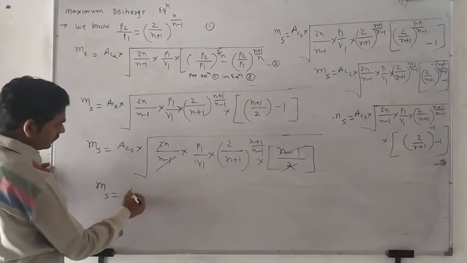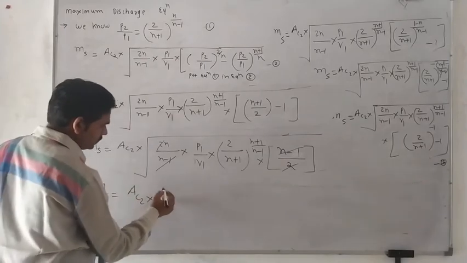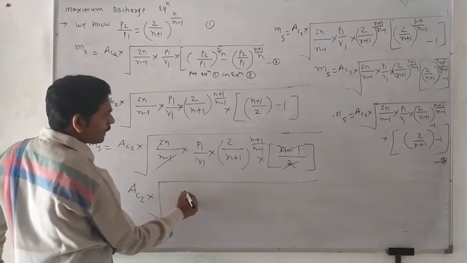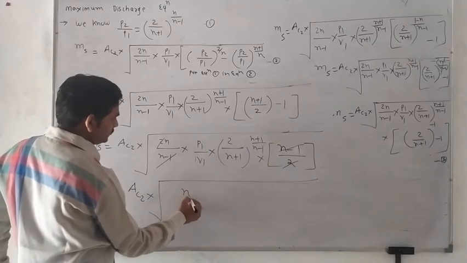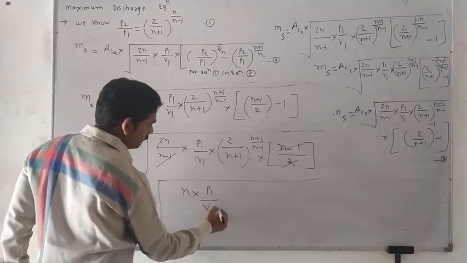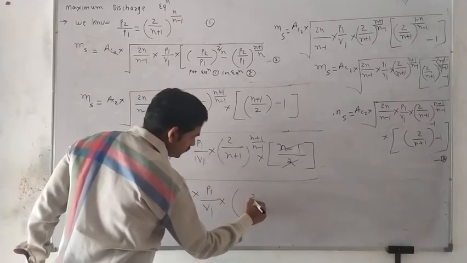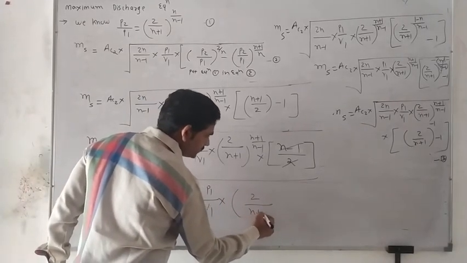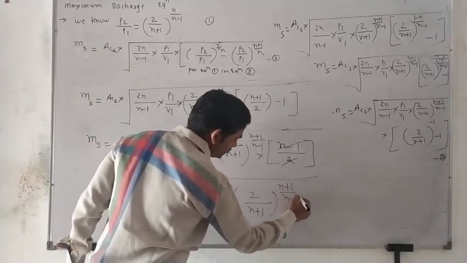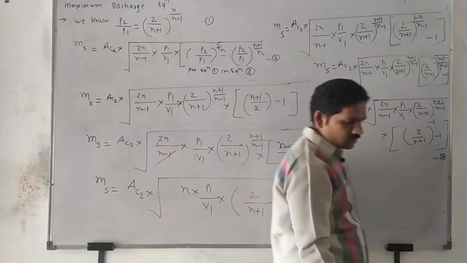So what is remaining in a bracket? A_c2 under root n into P1 V1 into [2 upon n plus 1] to the power n plus 1 upon n minus 1. Yes or no? Yes.